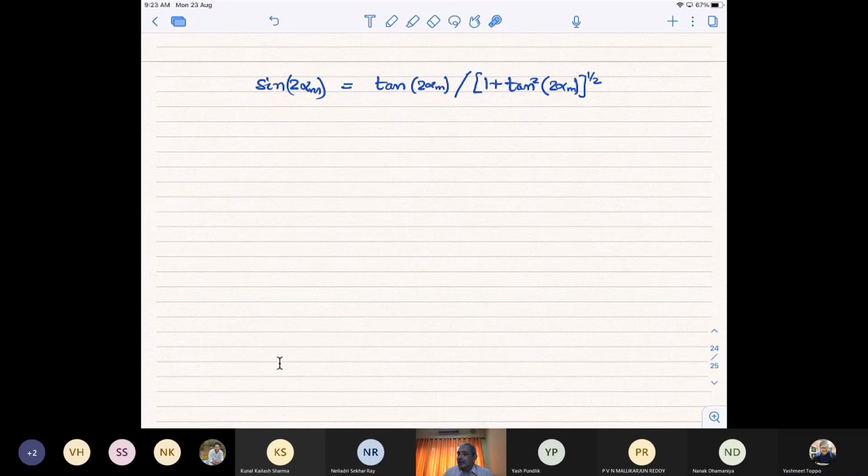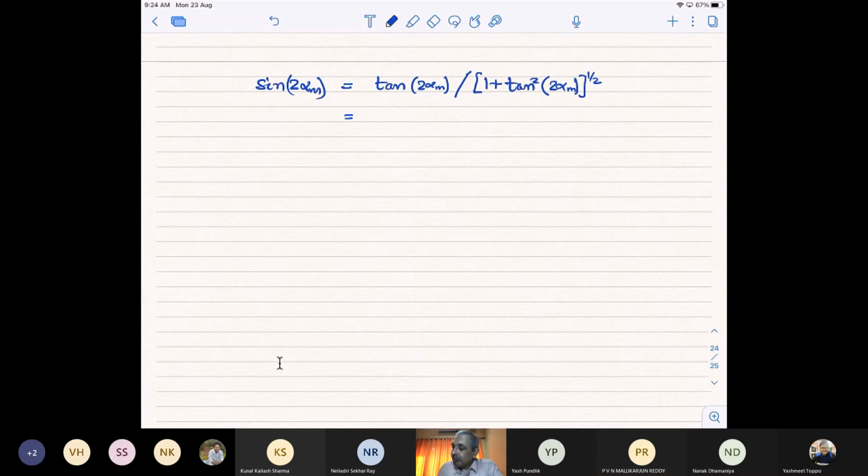The square root of that is 1 by cos. So when you take it up there, it's tan multiplied by cos, which gives you sine. This is the simple thing. I'm sure you would have done it many times.